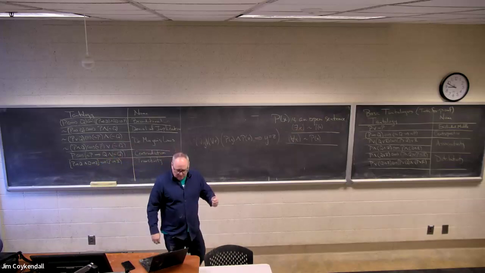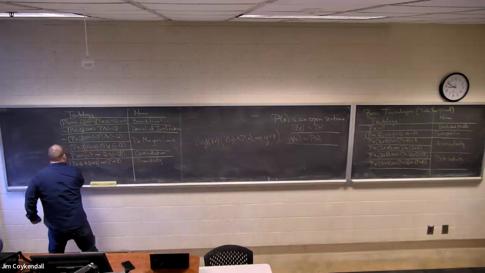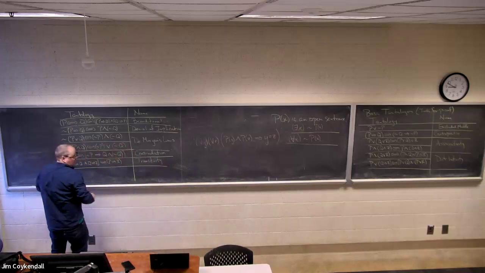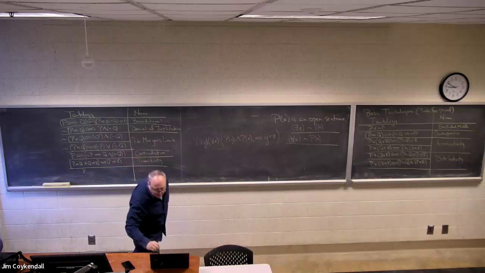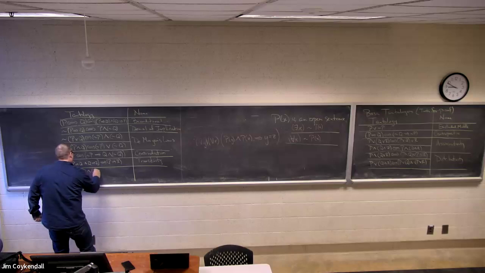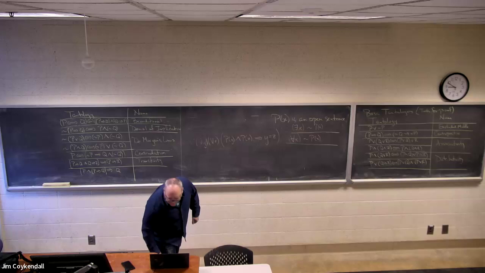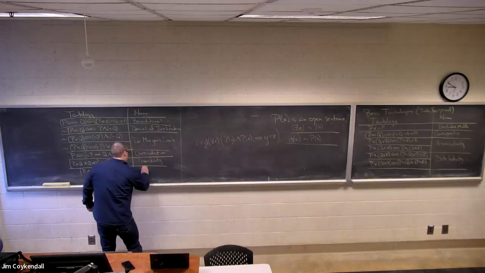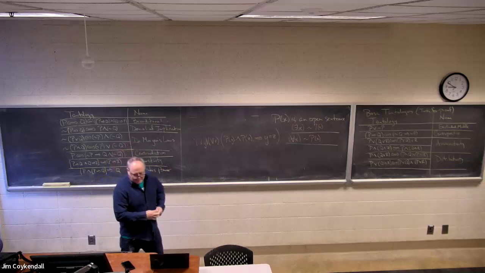If P implies Q, Q implies R, then P must imply R. And finally, this is actually the first one we saw: P and P implies Q, implies Q. And this is modus ponens.